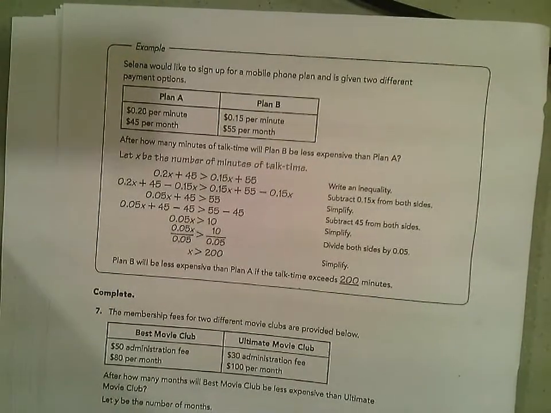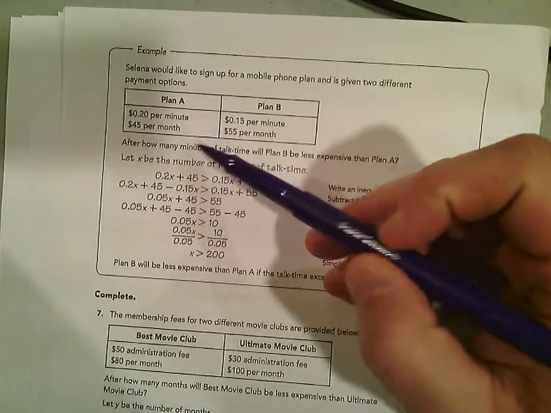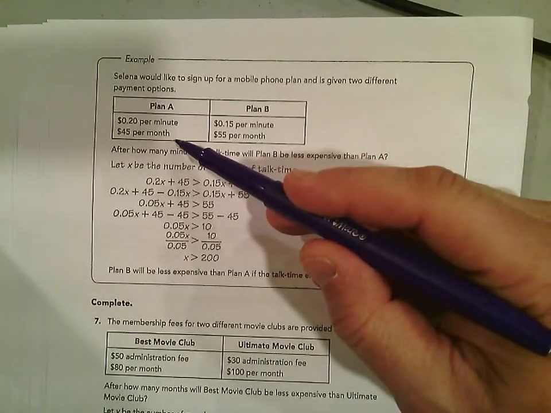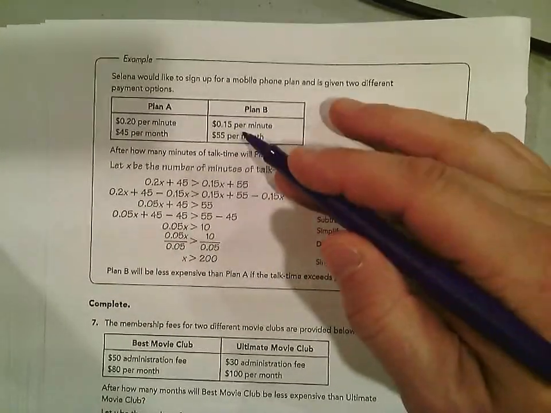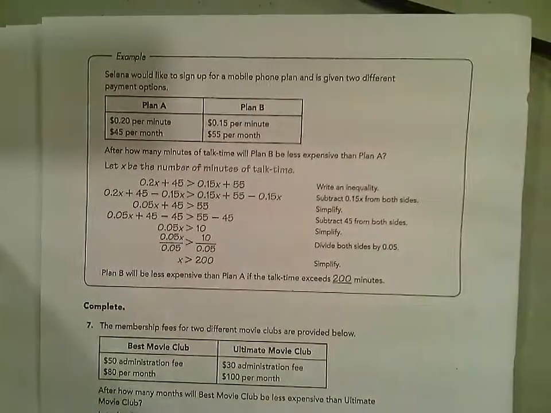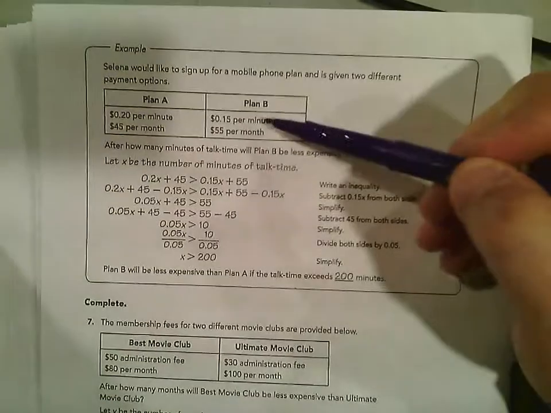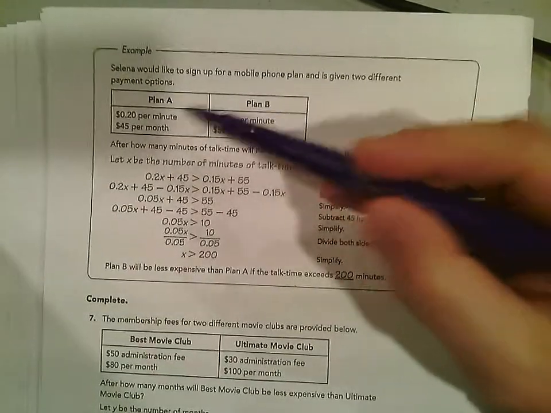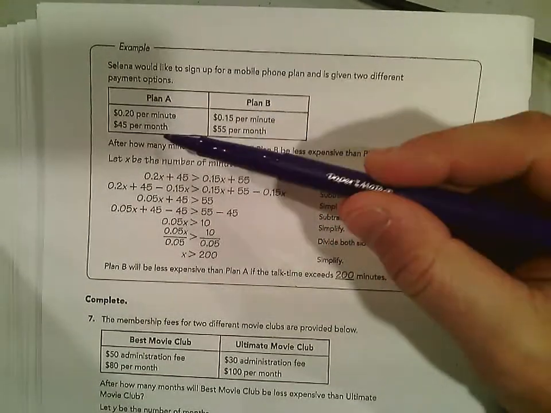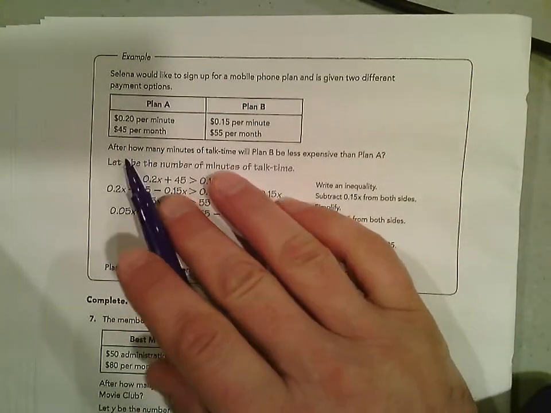But this is the type of thing that would happen: you could pay 20 cents a minute to actually make a call, but you'd pay $45 per month, or you could pay 15 cents per minute, but your plan B would be $55 per month. And you'd have to decide each month, in the overall scheme, is it better to pay 5 cents less per minute or $10 total? And that's kind of what this allows us to do, is compare that.